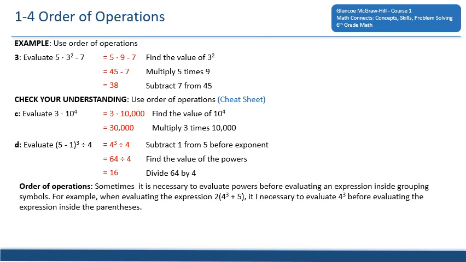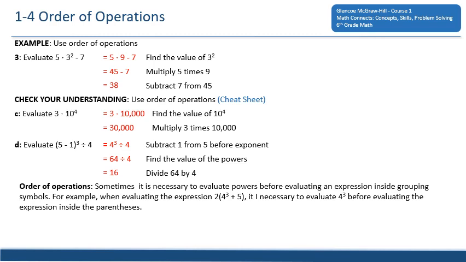Order of operations. Sometimes it is necessary to evaluate powers before evaluating an expression inside grouping symbols. For example, when evaluating the expression 2(4 cubed plus 5), it is necessary to evaluate 4 cubed before evaluating the expression inside the parentheses.